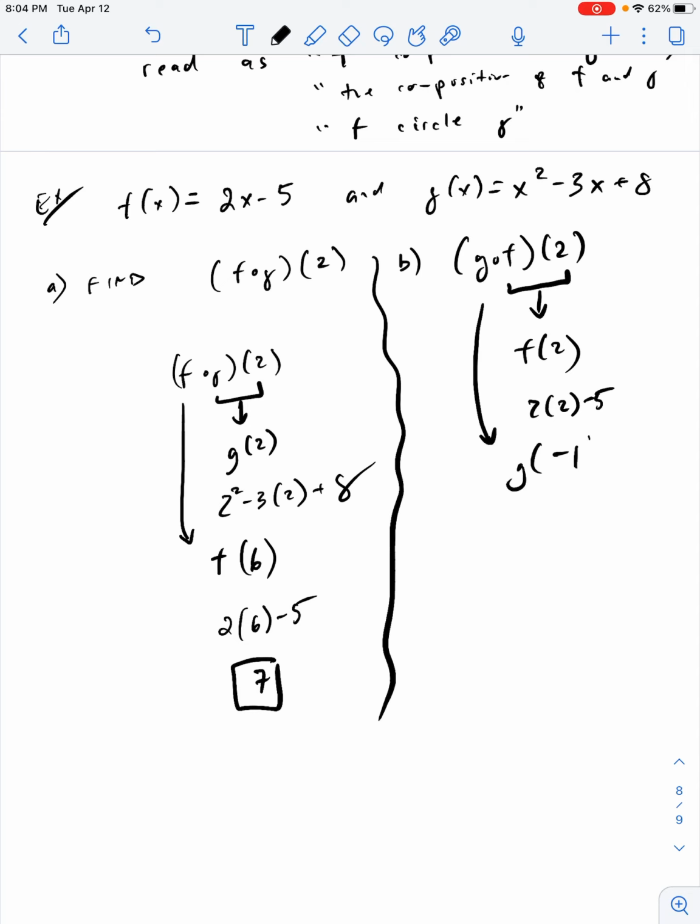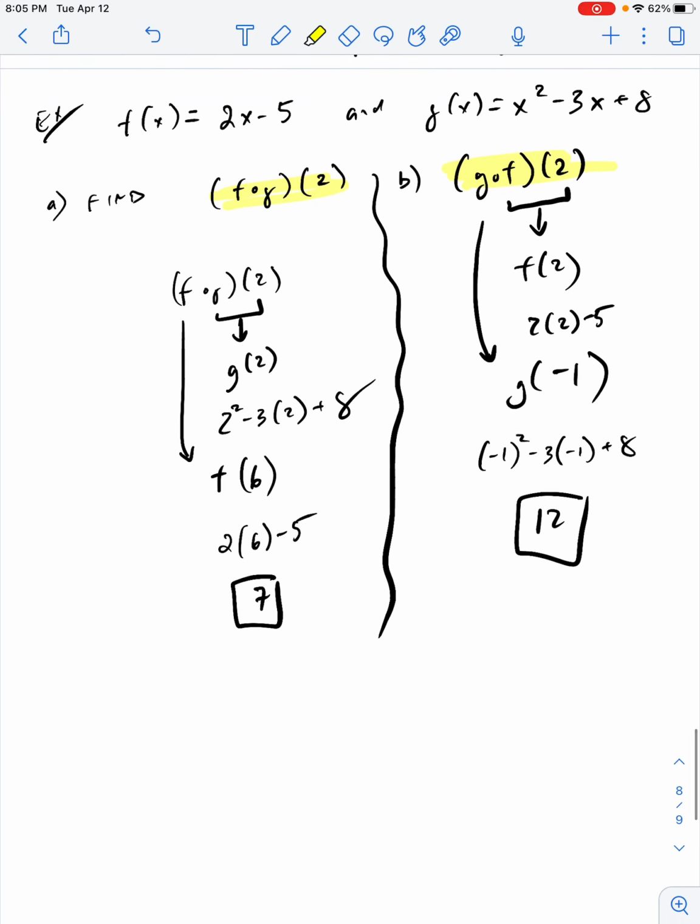And now from there we bring g down, and this -1 gets plugged into the g function. -1 squared minus 3 times -1 plus 8 gives us an answer of 12. So notice that even though we're working with the same f and g functions, f circle g of 2 versus g circle f of 2 give us 2 different results.